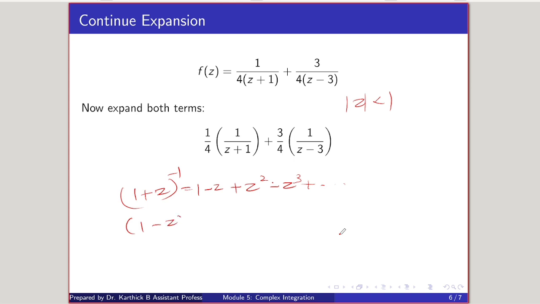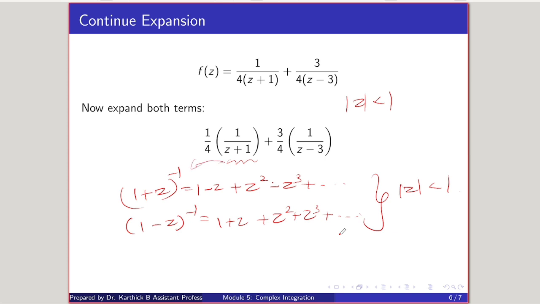Similarly, (1 minus z) whole power minus 1 will be 1 plus z plus z square plus z cube, and it goes on. This works only when mod z is less than 1. So we have to check whether this condition is suitable to use this formula.